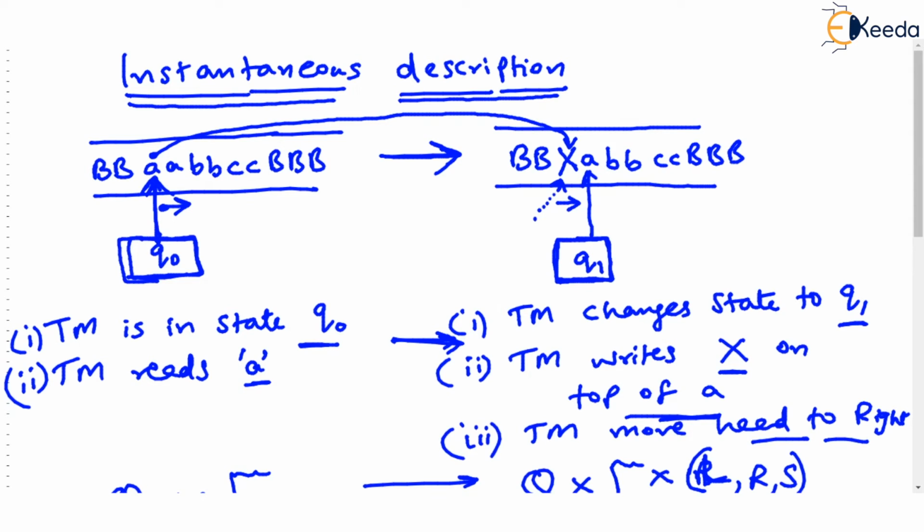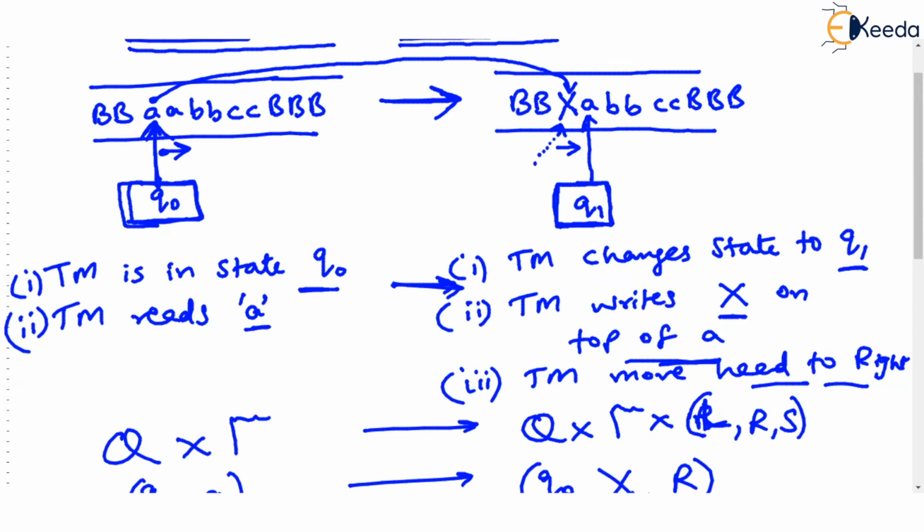Are you understanding that this is nothing but the delta function that we are describing here? Q cross tape symbol results in Q cross tape symbol cross L or R or S.